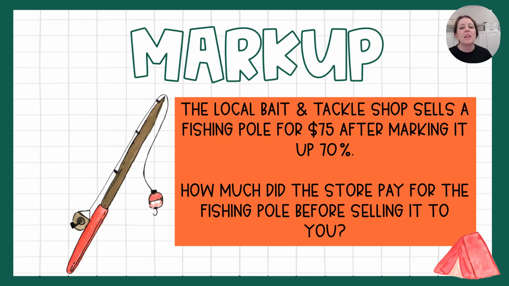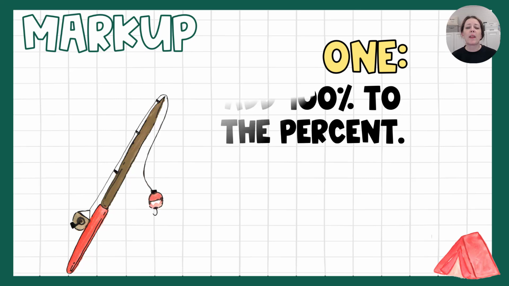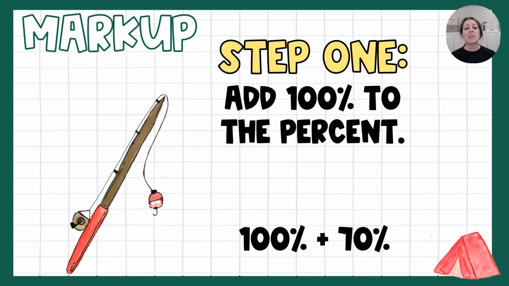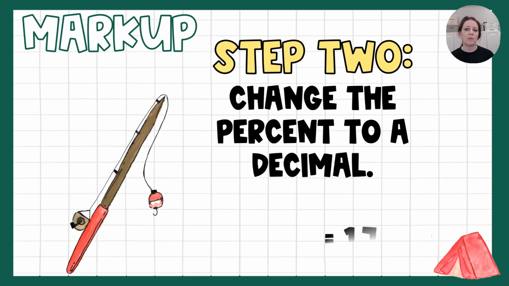You got it. And so for this one, we're going to use that strategy where we add 100% in the beginning, okay? So step one is we're going to add 100% to the percent. So 100% plus 70% gives us 170%. We're going to then, in step two, change that percent to a decimal. 170% as a decimal is 1.7.